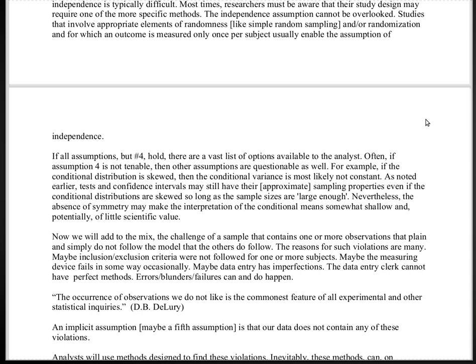But there is a whole fabric of issues related to so-called outliers. Or even more potentially troubling is the challenge of a circumstance in which the investigator is troubled that one or more of the observations may not follow the model that is being proposed.